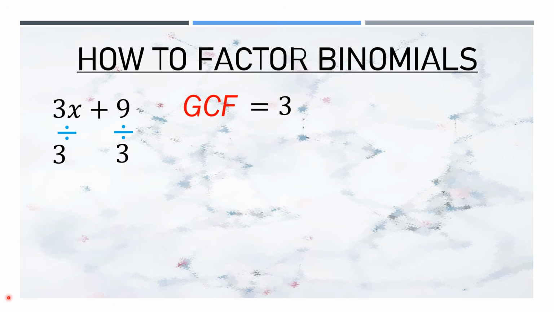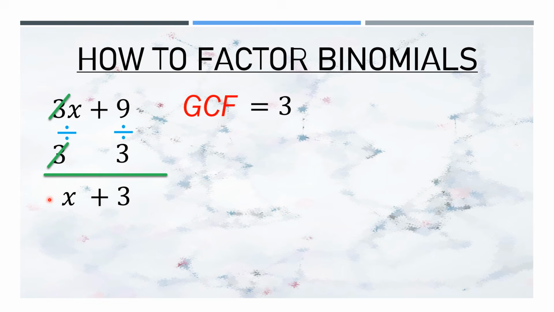So 3x divided by 3, we need to cancel the two 3's, o yung dalawang 3's, dahil as we divide 3 by 3, that is equal to 1. So ang natira na lang is the letter x, o yung variable x. And then, when we divide 9 by 3, the answer is 3, right? So, when we write the correct answer, it will become x plus 3.